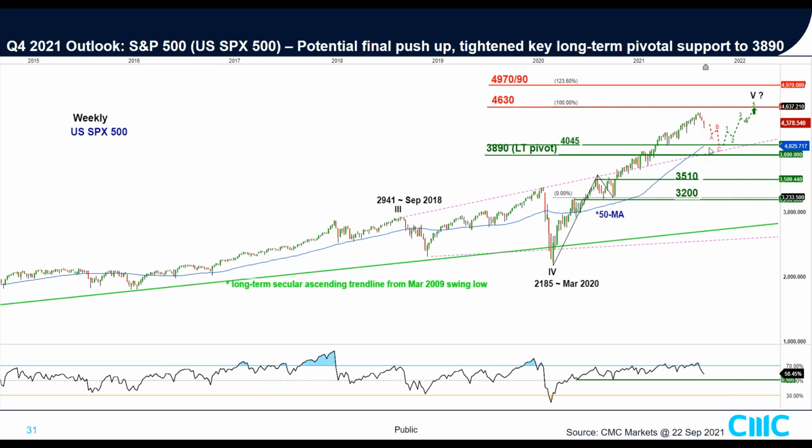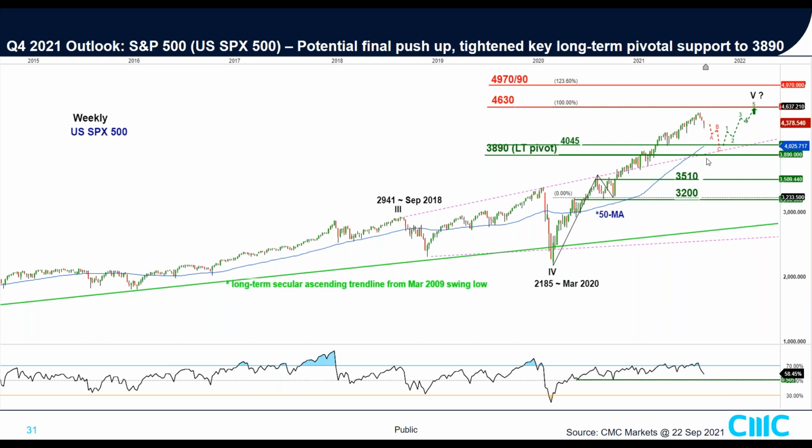Okay, so as long as this potential pullback held above the 38,900, we may start to see a potential push towards the next resistance at 46.30, which is the potential wave 5 target. However, if you have a weekly close below 38,900, then the risk of that circular corrective decline, the invalidation of this long-term circular uptrend, is very high.